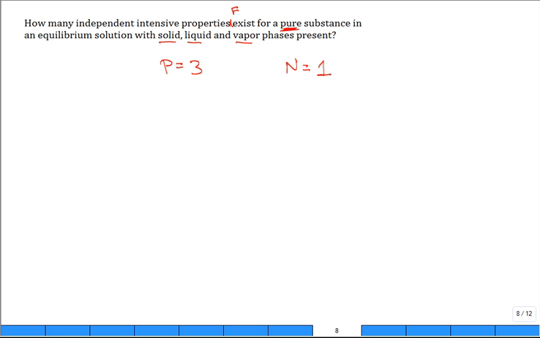It could be pure water. It could be pure ammonia. It could be pure carbon dioxide, whatever it is. So you have 3 phases in equilibrium for a pure substance. So let's apply Gibbs phase rule. You have 2 plus N minus P. 2 plus 1 minus 3.